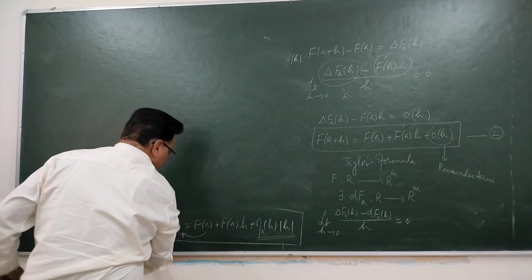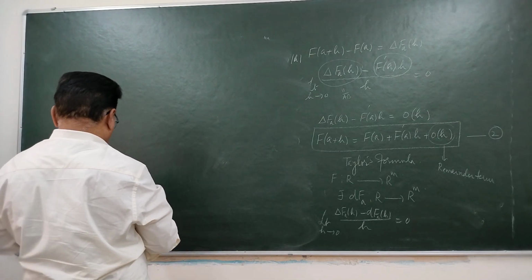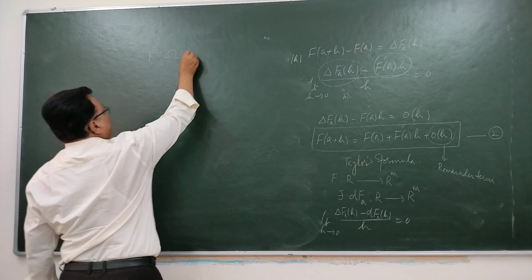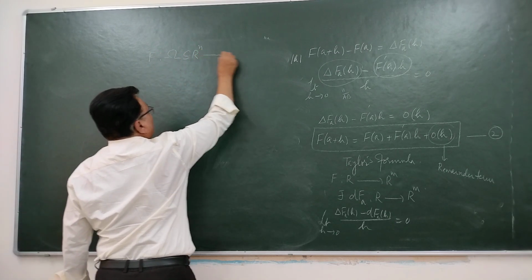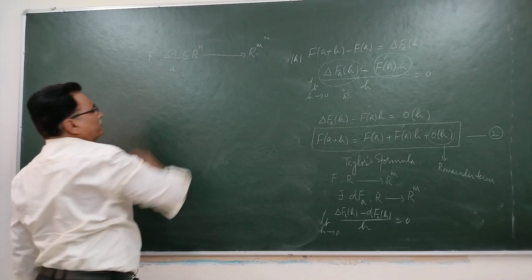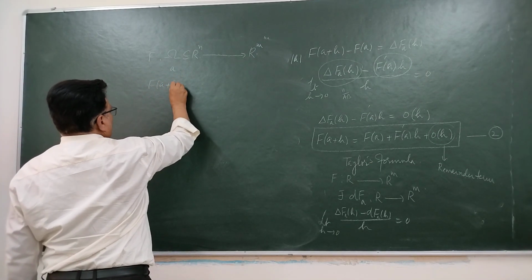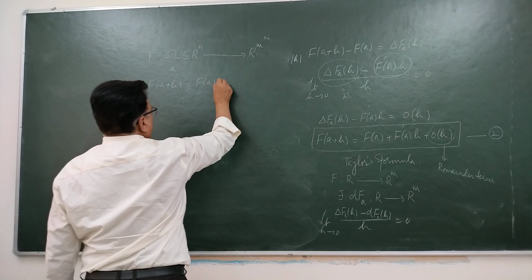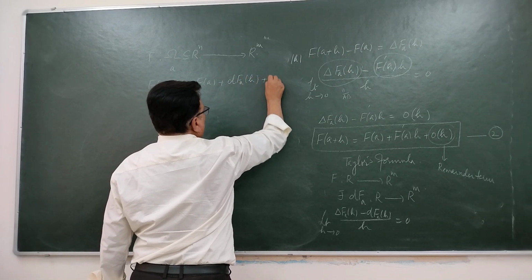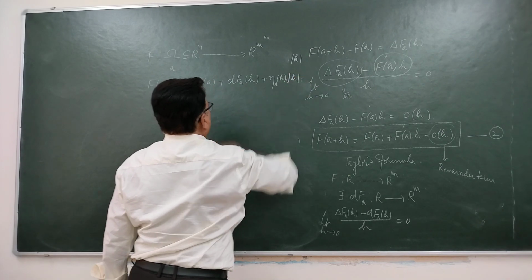So whatever characterization we have got, we will take as a definition for function from Rn to Rm. I will say if f is a function from an open subset omega of Rn into Rm, then f is differentiable at the point a of omega if f of a plus h is equal to f of a plus a linear function d f a h plus a continuous function multiplied by modulus of h.